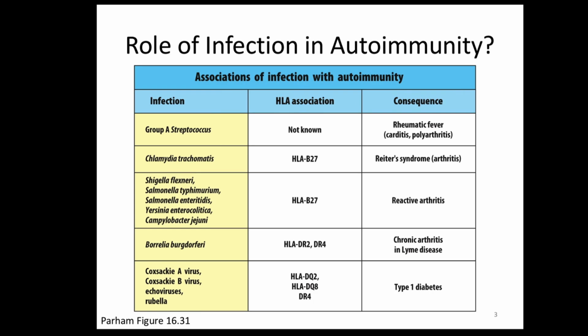For example, there's some fantastic data now relating multiple sclerosis to a particular viral infection. One reason they were able to do that is because they needed huge numbers to deal with the variation in the HLA types.